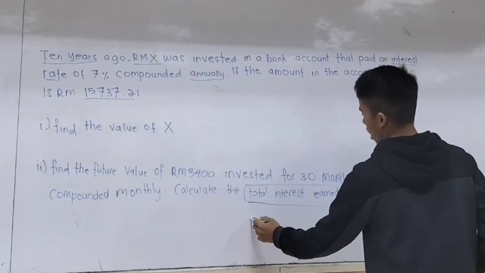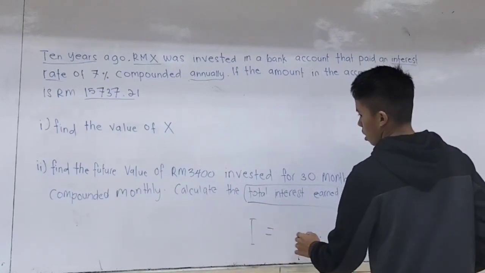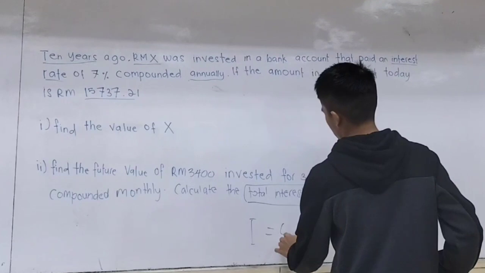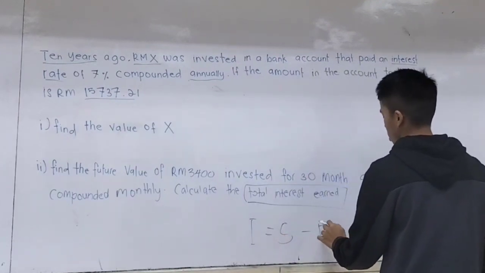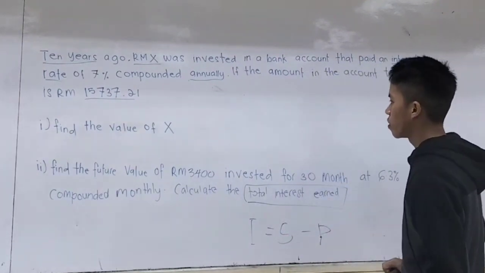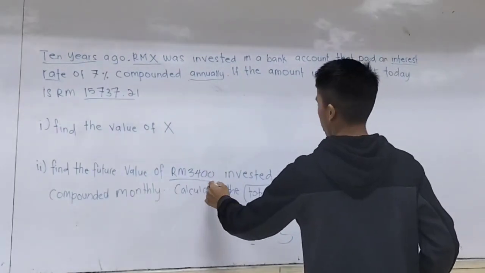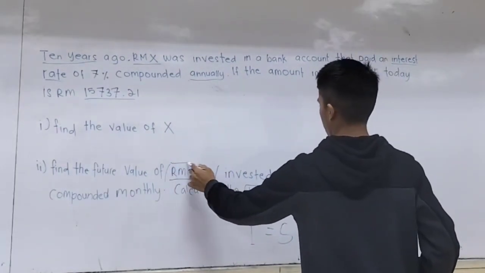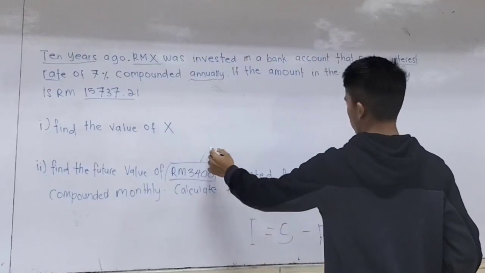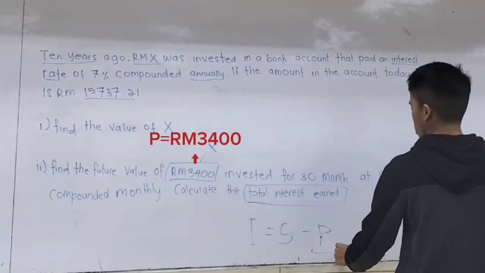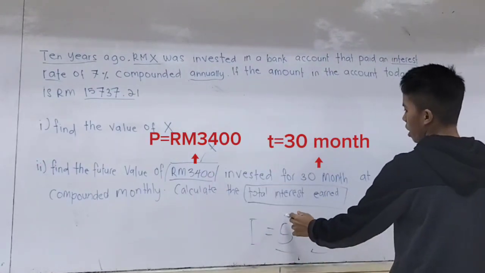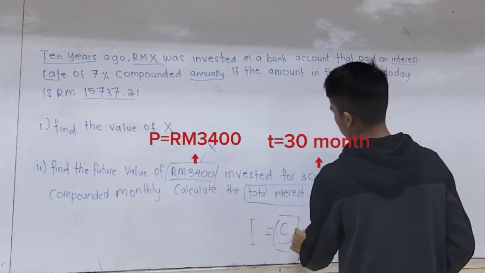The formula is I equal S minus P. Okay, first, we get the P face value. Okay, but we don't get a future value.